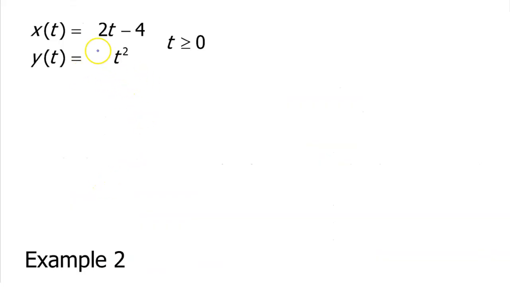Pause the screen and try to convert this parametric equation to a rectangular equation. So I'm going to assume that you've done that. Let's take the x equation and isolate the t. We'll start by adding 4 to both sides. So that's x plus 4 is equal to 2t.